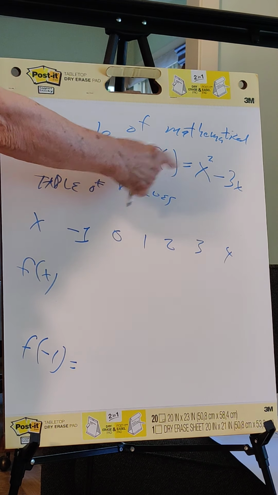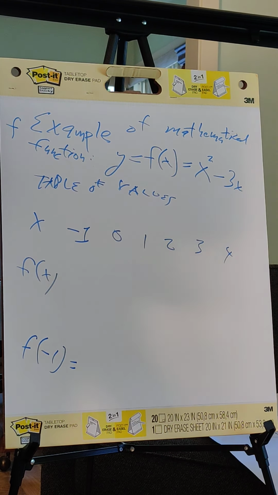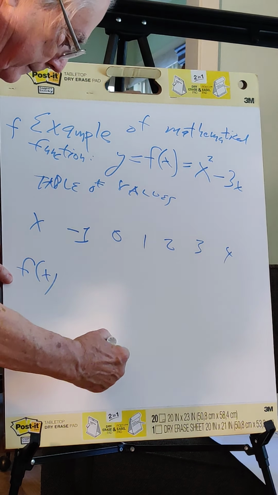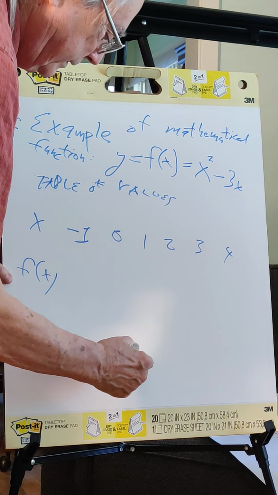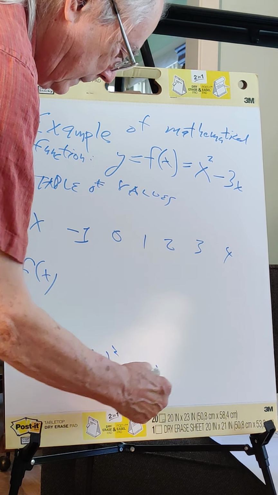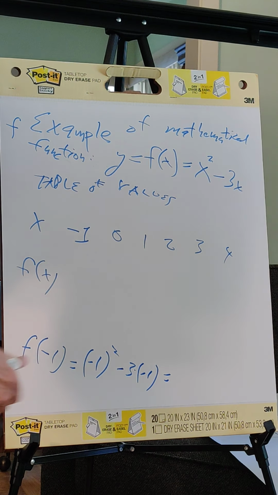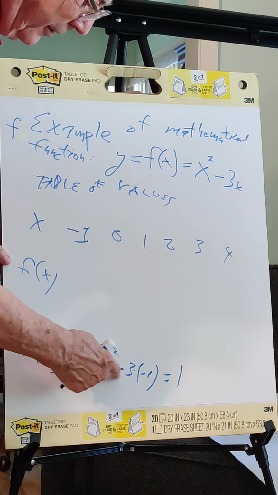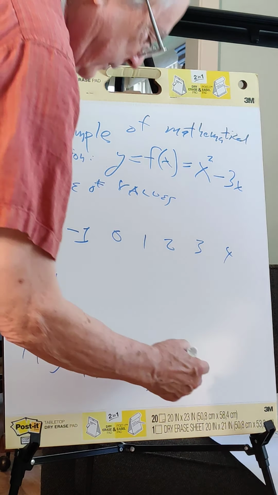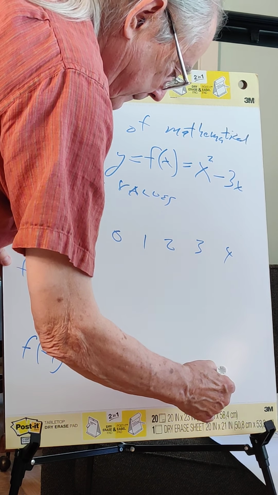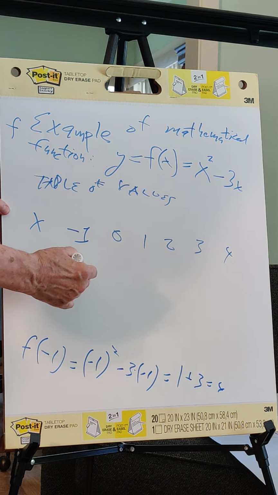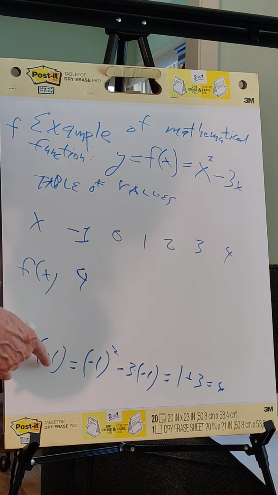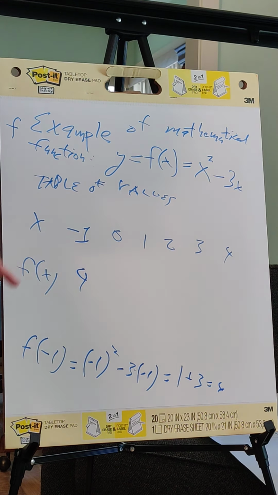So we give x the value -1 and find the value of y. So it's -1 squared minus 3 times -1. So -1 squared is 1. 3 times -1 is -3, but there's another minus, so we have a double negative here. So 1 plus 3 is 4. So the value of the function is 4. f of -1 is 4. The function f assigns to the x value -1, the y value 4.